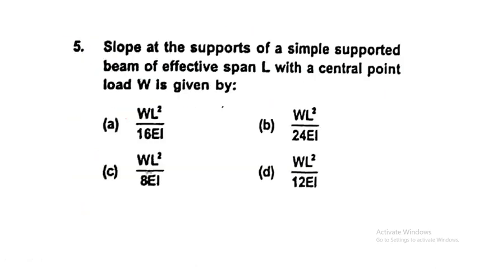Okay, next question. Question number 5. Slope at the supports of a simply supported beam of effective span L with a central point load W is given by. In the very first question, I have already discussed what they are telling. I will draw it here one more time.